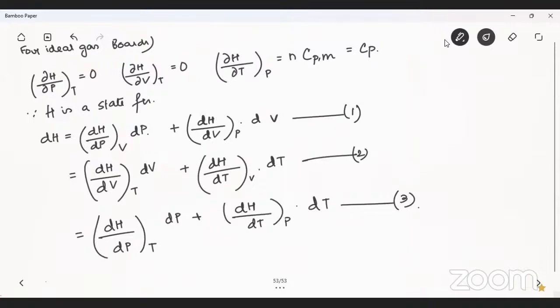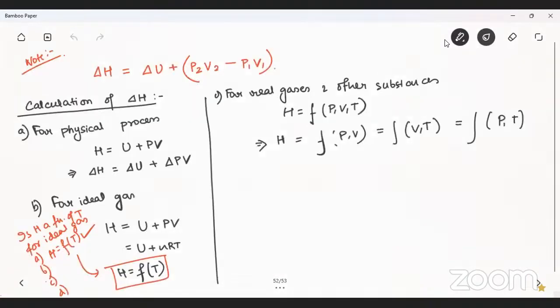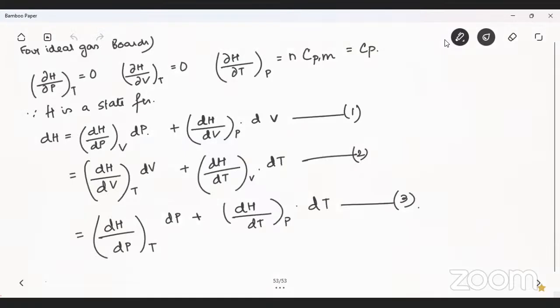We have told you that H is a function of pressure, volume. If we say H is a function of PV, H is a function of VT, H is a function of PT, then by the mathematical law, we can write this as this.